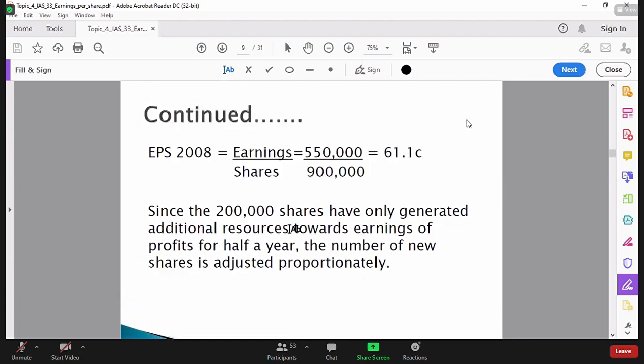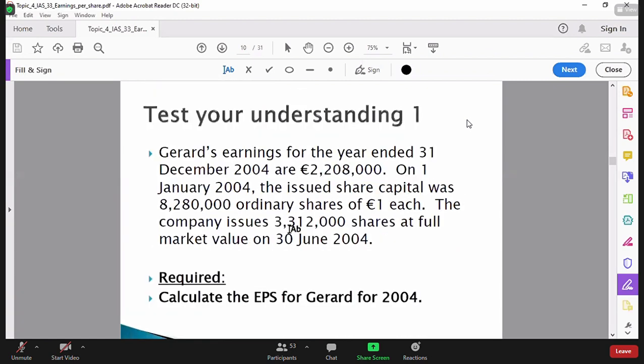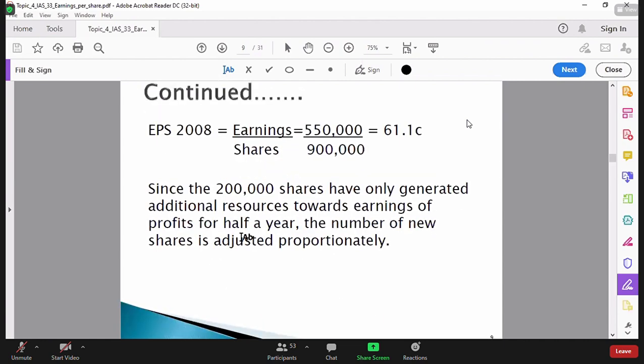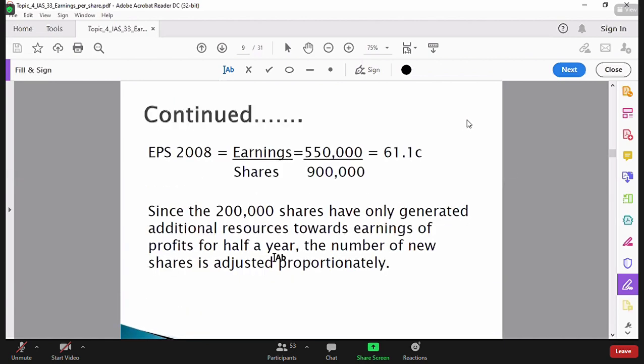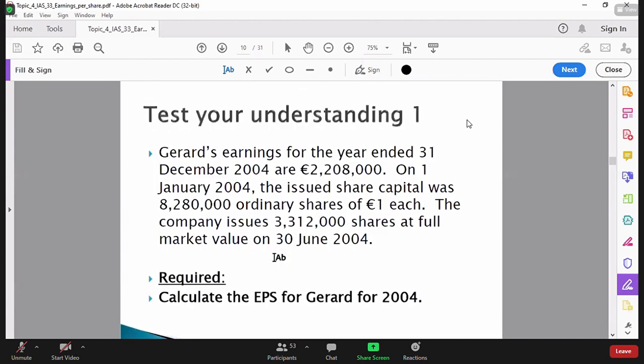So what you need to do next is calculate here. The workings here are for the weighted average number of shares that you have to do, which is this one. Am I right? Yes, madam. Okay, so now let us do it together. You tell me what you did just now with your workings.